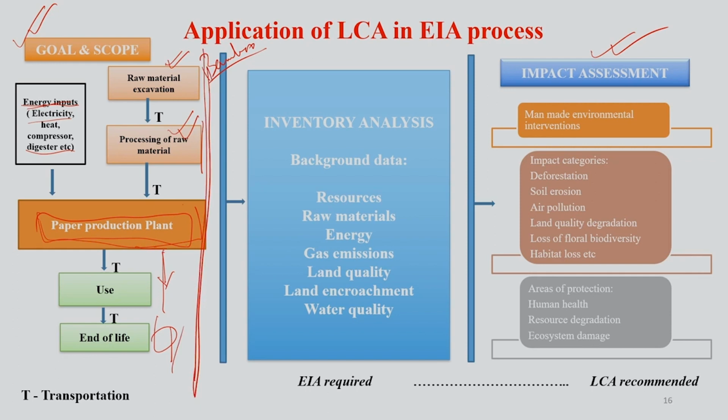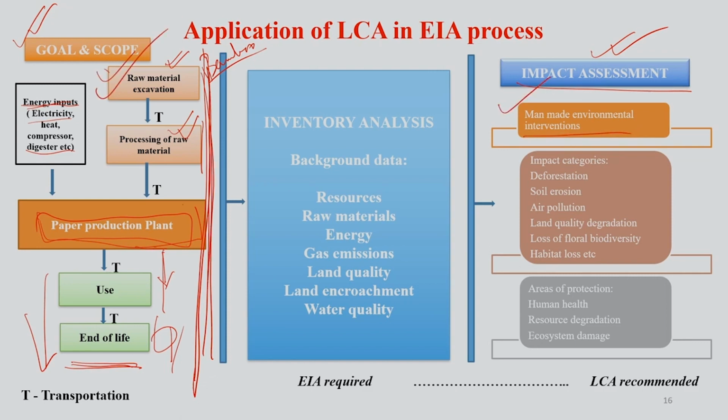From here, this is your goal and scope. Once the product utilization also takes place and the end of life of that product, here the paper, what actually happens in this process? If you go for the EIA of this particular product development process, then what do we find? We find that impact assessment can give you the man-made environmental interventions taking place here.